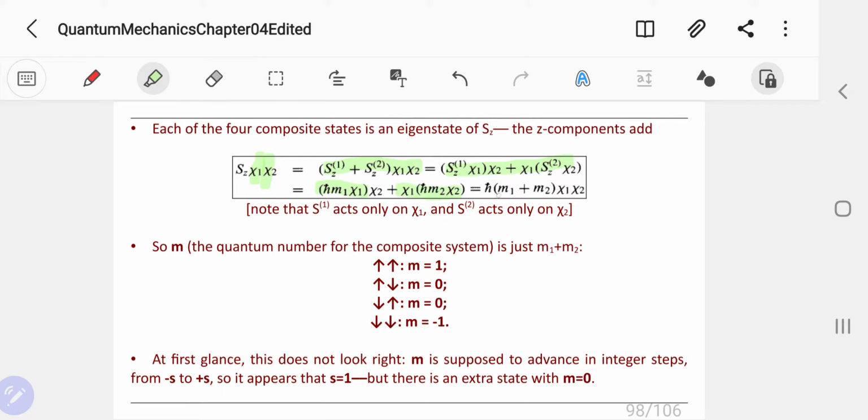And so you have the eigenvalue of ħ times m1 plus m2 times chi1 chi2. Chi1 chi2 would just be the state of the atom.